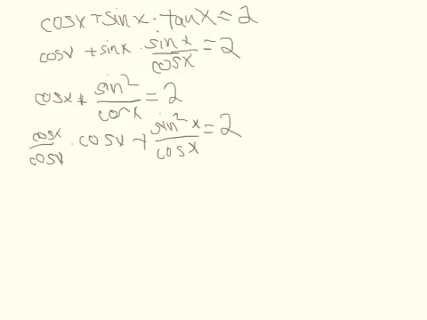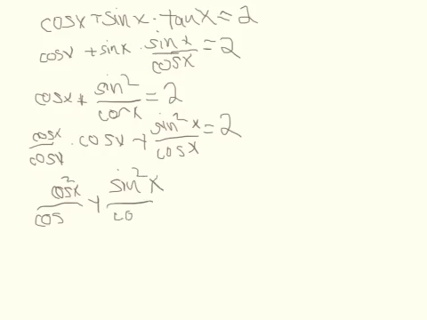Alright, now I can multiply this out. I get cosine squared x on the numerator, all over cosine, plus sine squared x over cosine.